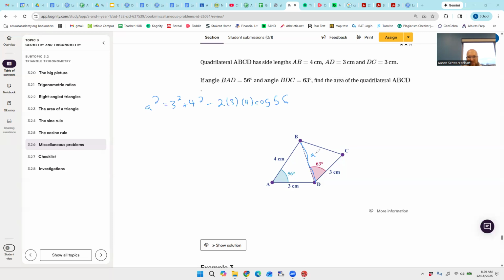3.4. So then the area is 1/2 times 3 times 4 times sine 56 plus 1/2 times 3.4028 times 3 sine 63.